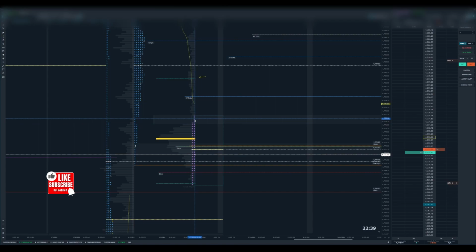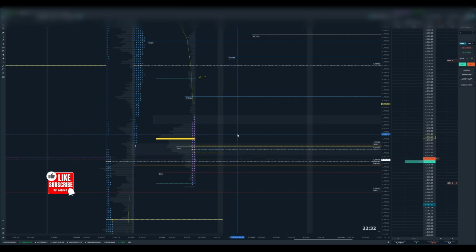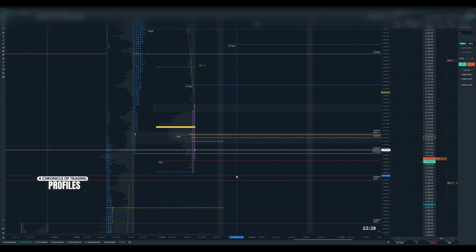Right here, I'm explaining that we need extension on that B period. You can kind of see the low volume node in the volume profile there where the B has already been. I thought if we make it up there again and can't get through that, I would just close this trade because that'd be like the third time that we've been up in that area.